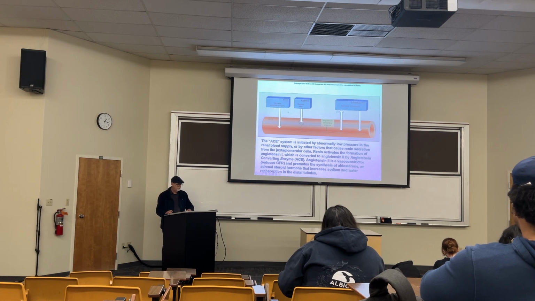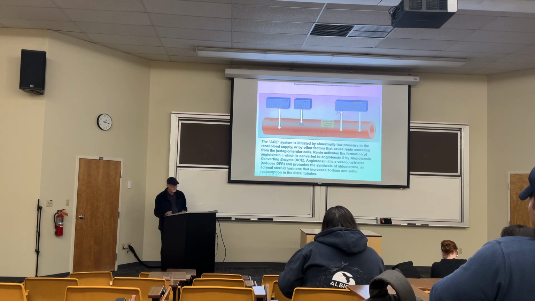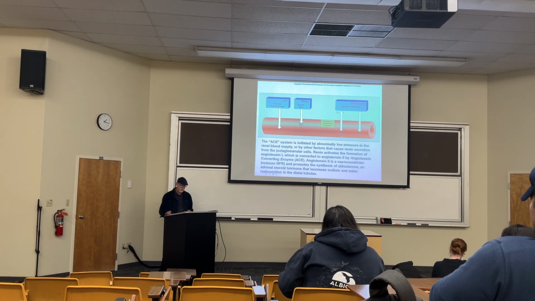Blood pressure, blood volume falls. This will cause angiotensinogen to be converted to angiotensin 1 by the release of an enzyme from the kidneys called renin from the juxtaglomerular apparatus. Angiotensin 1 is then converted to angiotensin 2 by ACE, angiotensin converting enzyme.